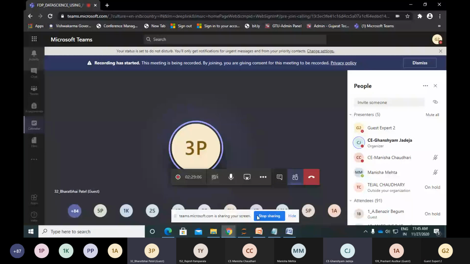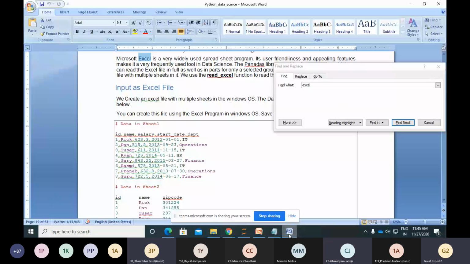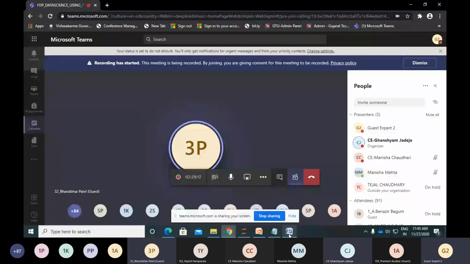Yes, there are multiple ways. One way is using the read Excel function of the Pandas library. There may be other options also, because Python has a very huge library, so there may be many options available to you.